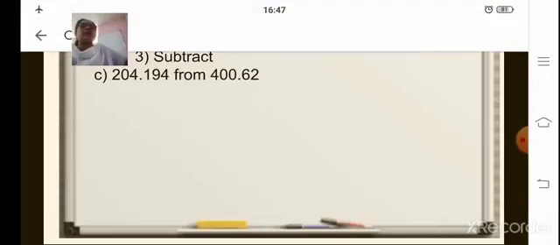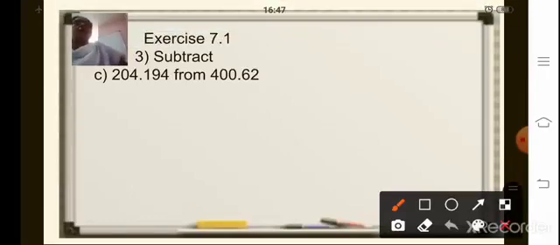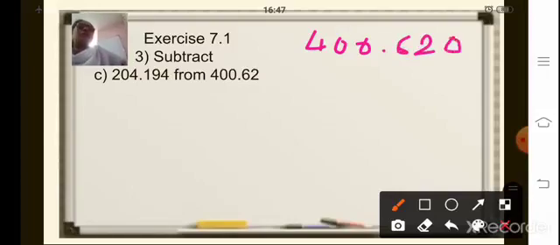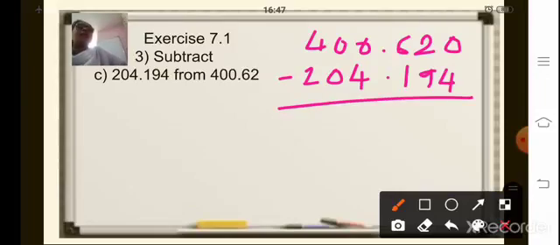So we'll write the number first, bigger number, bigger decimal number, that is 400.620 minus 204.194. Okay, subtract it now from 0.